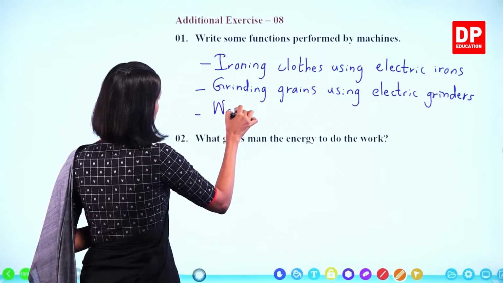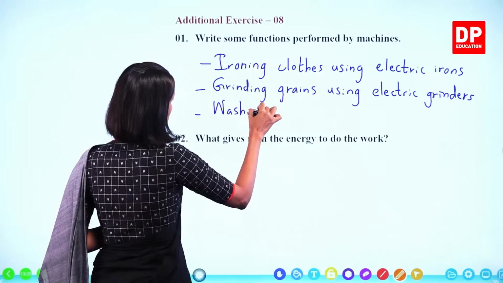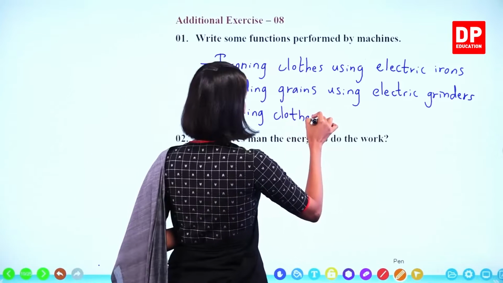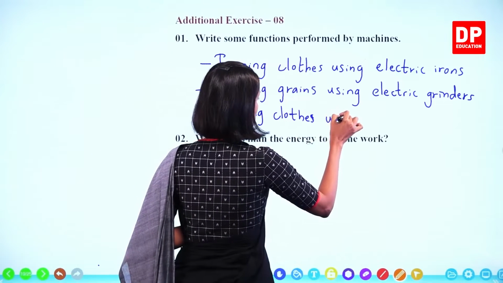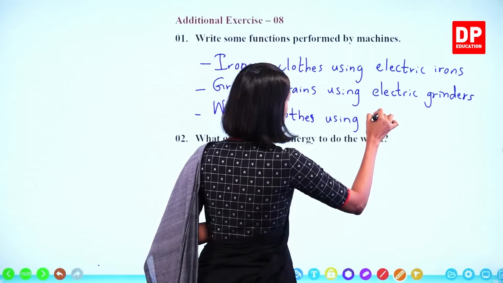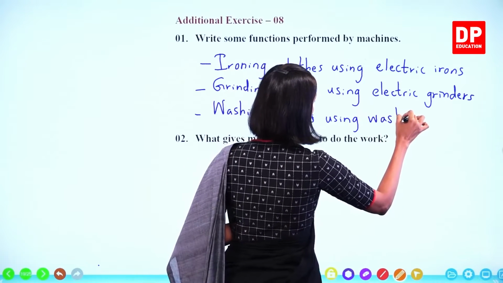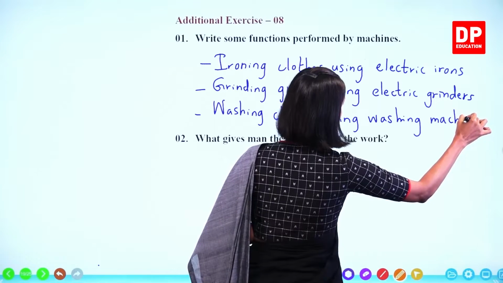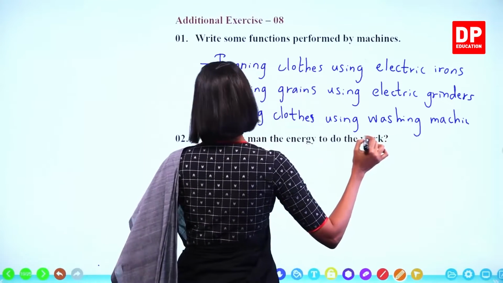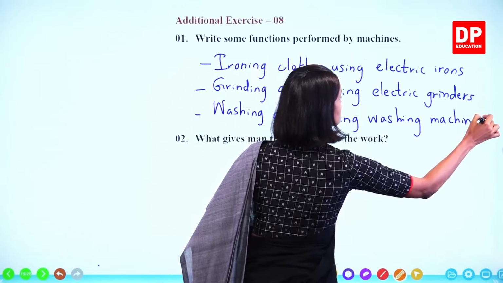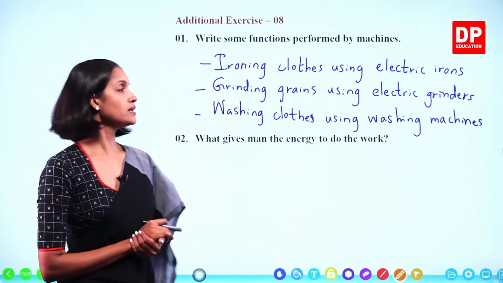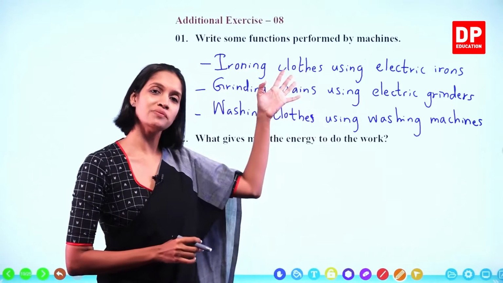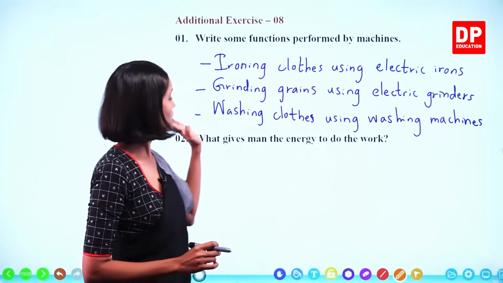Washing clothes using washing machines. Right? Washing clothes using washing machines. You can write many other examples too, right?